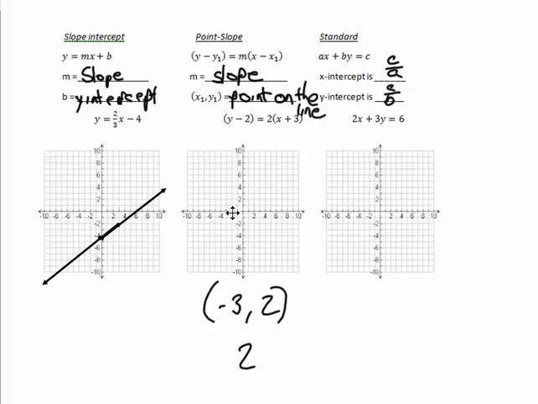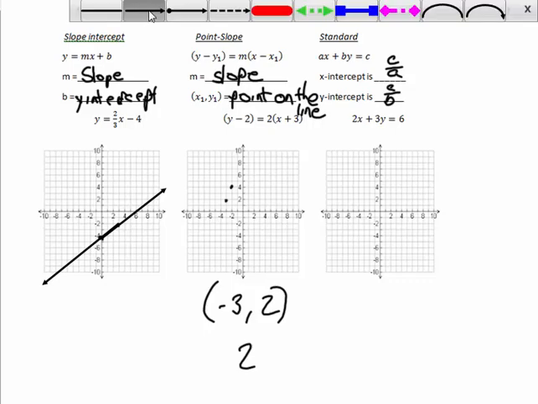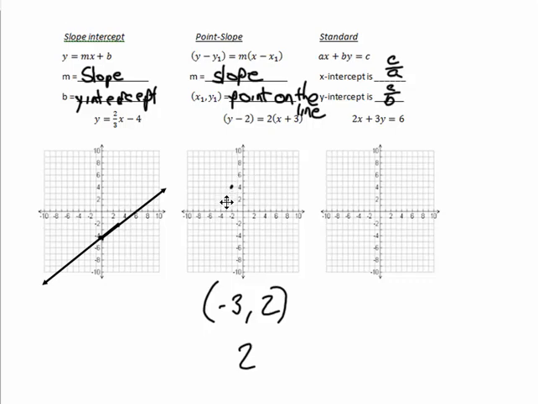So we go to -3 on the x-axis, which is right here, up 2, which is right here. The slope again is positive, so it should be moving up from left to right. And we go up 2, 2 over 1. And it's about right there. Once again, let's make our line. Boom. Boom. Okay? All right, we're moving right along.